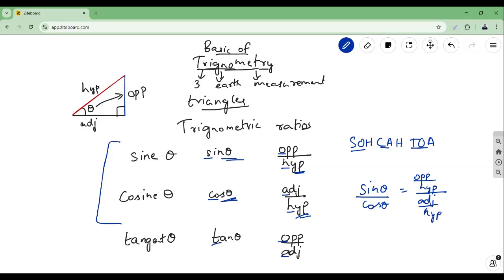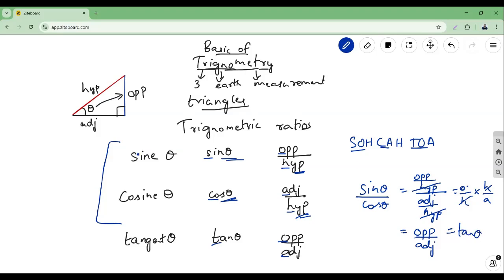This becomes a reciprocal, and then hypotenuse and hypotenuse get cancelled. What will remain? Opposite by adjacent. And that is tan theta.